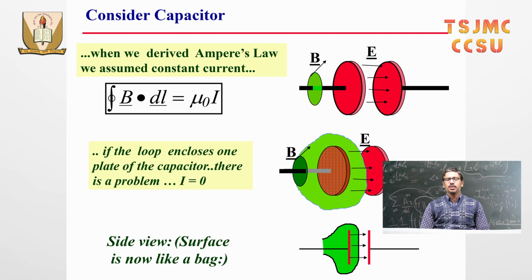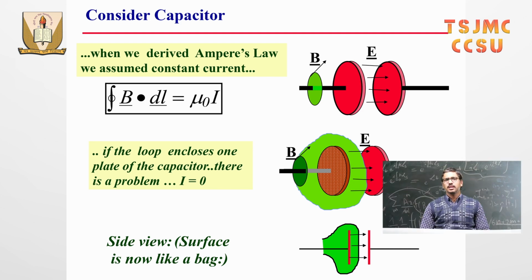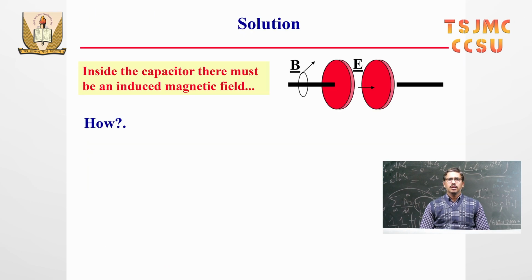There is no current between the two plates of the capacitor. The second diagram is a front view and the third diagram is a side view. So if I is 0, then integration B dot dl is equal to 0. As we know, Ampere's law is independent of the choice of surface. So how can we solve this dilemma?